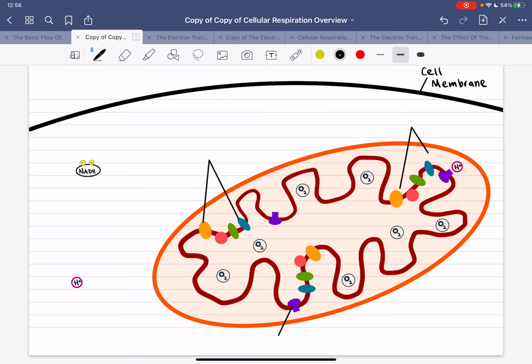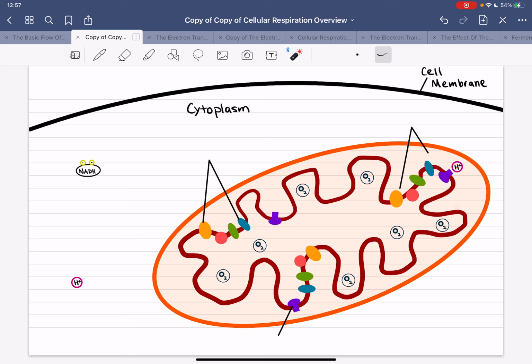There's other stuff going on, obviously. The region within the cell is the cytoplasm. These little yellow circles with the minus sign inside, these represent electrons. So this is a molecule of NADH carrying a pair of electrons that it attained from glucose.